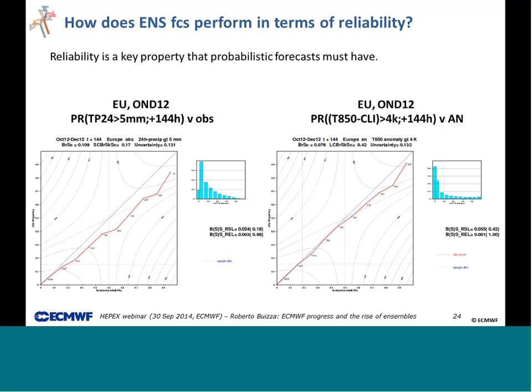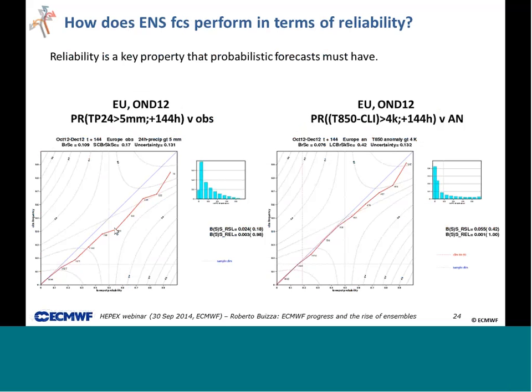If we look at other variables, another way to look at the reliability is to compare the forecast probability and the observed frequency of an event. This is again for October, November, December 2012, the last season I could find in our verification database.